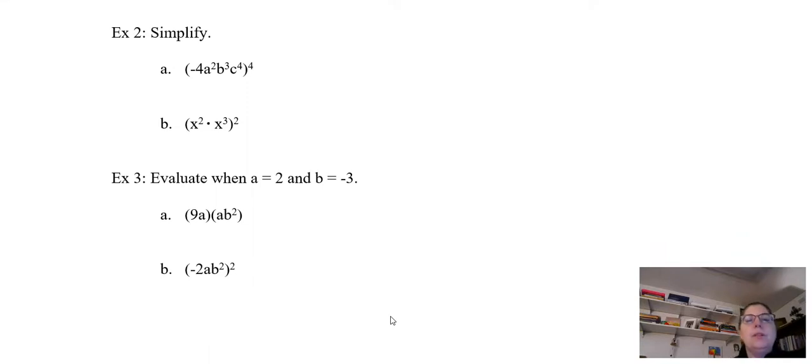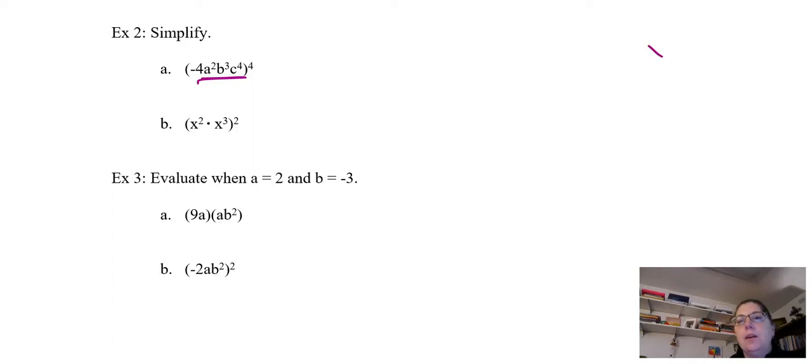If you look at example 2, I have a single term here. All of this inside here, there's no adding or subtracting, so it's a single term, it's a monomial. This time it's to a power, and we treat those a little bit differently. I'm going to do a little example over here on the side.